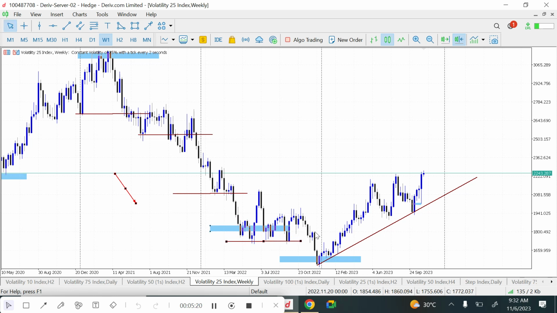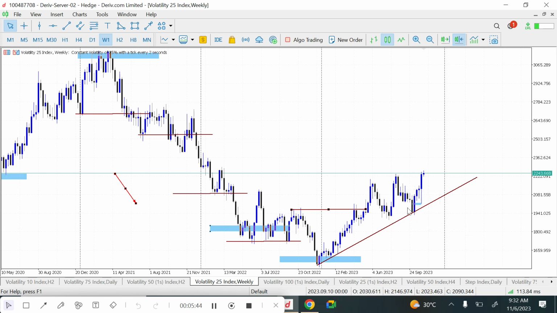until this low right here was broken, and then market put in this last low, and we are seeing a push to the upside. So to the upside, we keep marking our resistance. This zone right here was the resistance that was broken. Price retraced back, pushed up a little bit ahead of this one, resistance here.